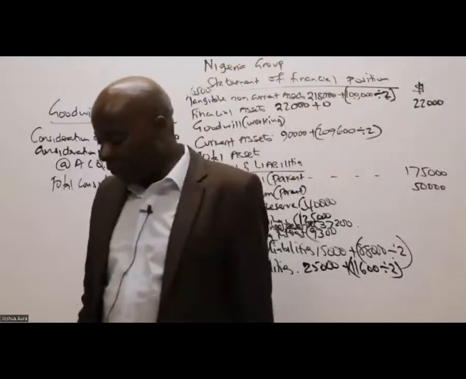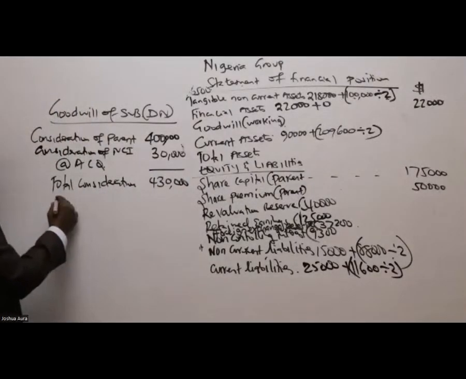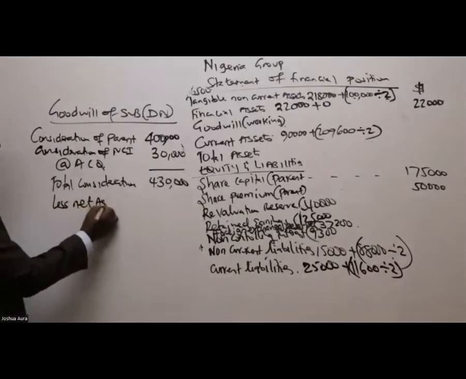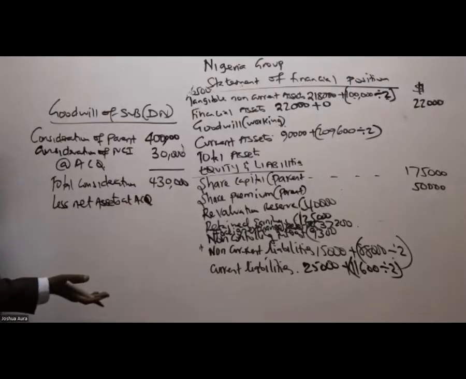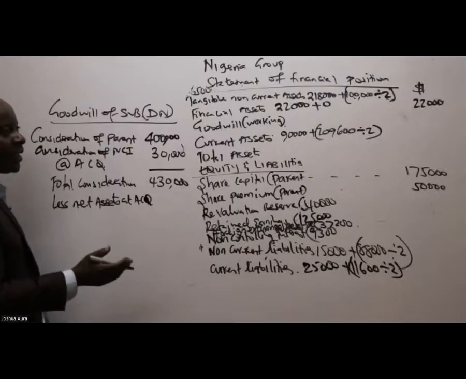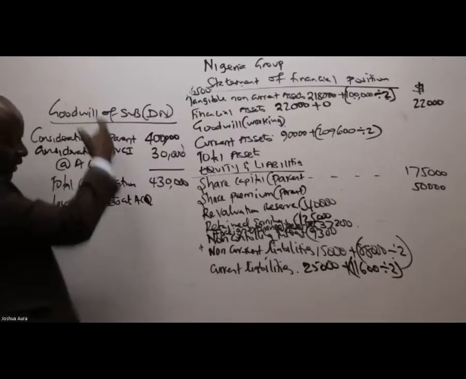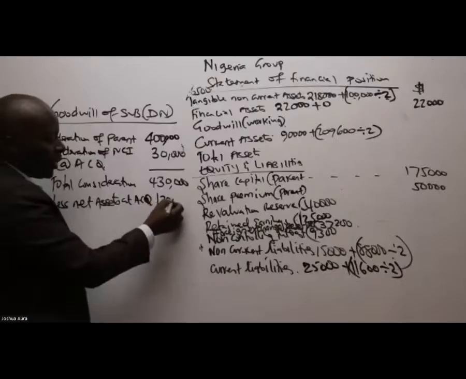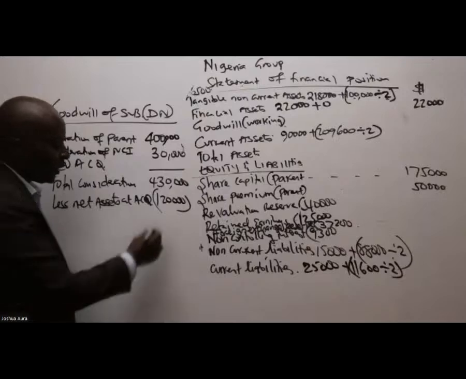Ladies and gentlemen, from there, give us the net assets. Less net assets at acquisition. I rubbed my figure a long time ago. Are you able to remember the net assets at acquisition? You have that table up there. Is it 120,000? Yes, 120,000. So please subtract.